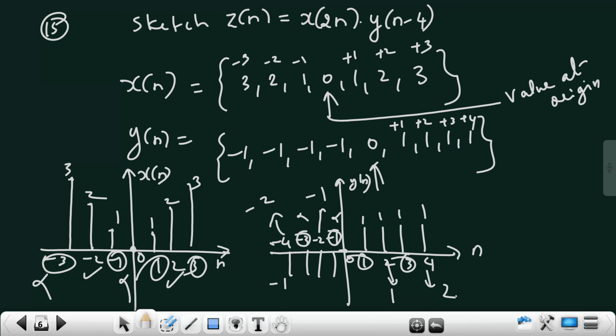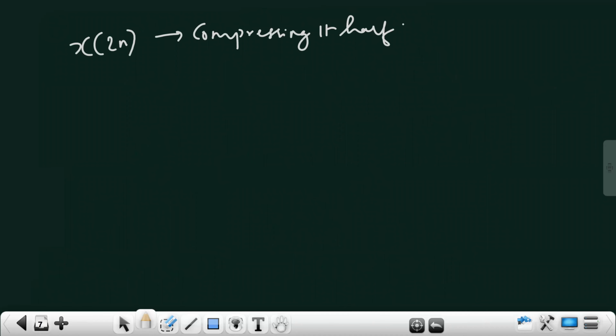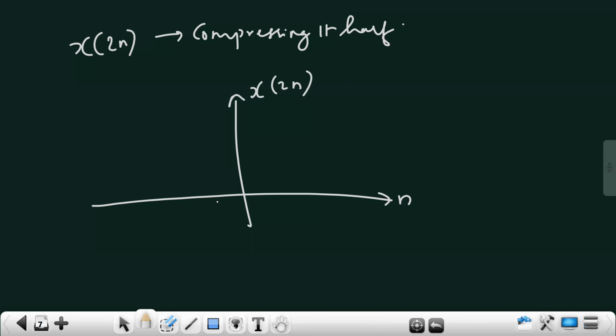So you will be plotting x of 2n first. To plot x of 2n, you need to compress the signal. While compressing, you define only the integer values. Integer values means -1, 0, and 1. By observing the previous slide, we will be able to check what the value is.